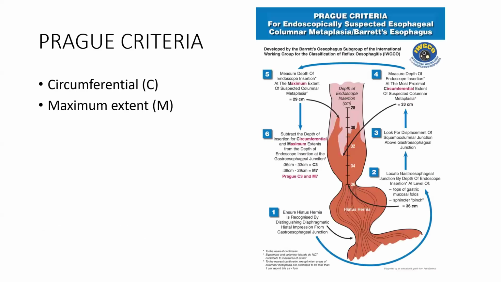The extent of Barrett esophagus is graded by the Prague criteria, specifying the circumferential length of Barrett epithelium at and above the top of gastric folds, which is C, and the maximum extent of Barrett mucosa, which is M. Here in this picture, we can see the circumferential extent is from 33 to 36 centimeters, which is like 3 centimeters, so C is equal to 3.